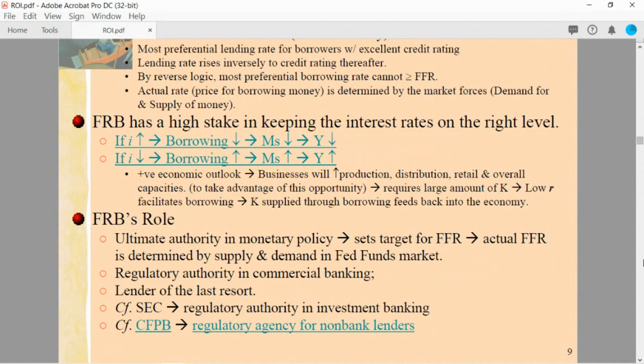Most other countries' central banks, I'll have to check on this, but I believe even in other countries, the central banks are not necessarily a government agency.